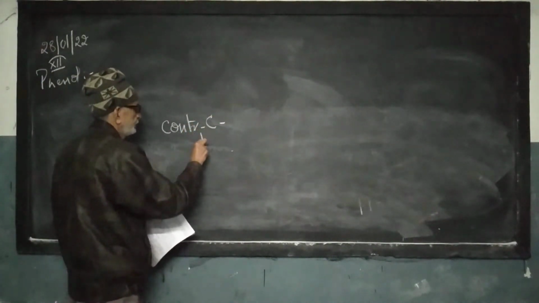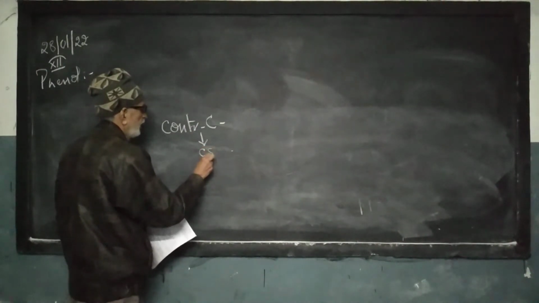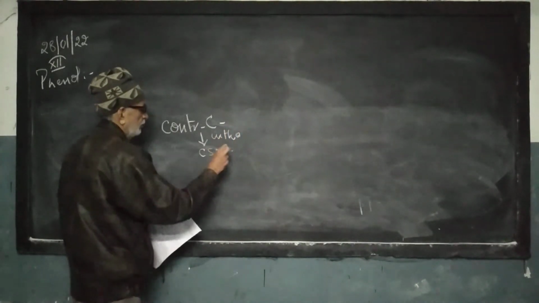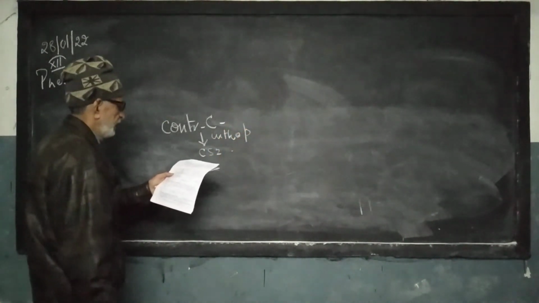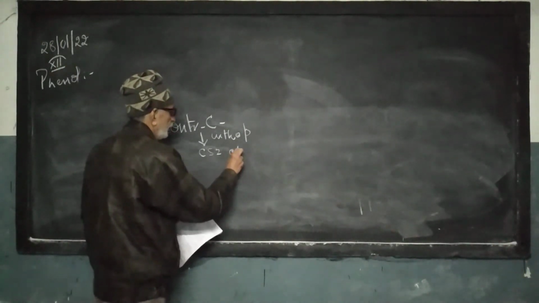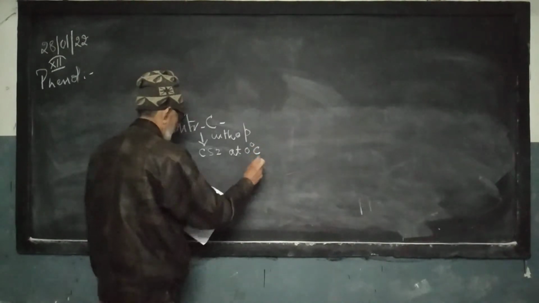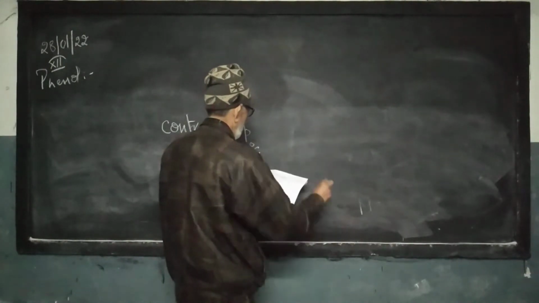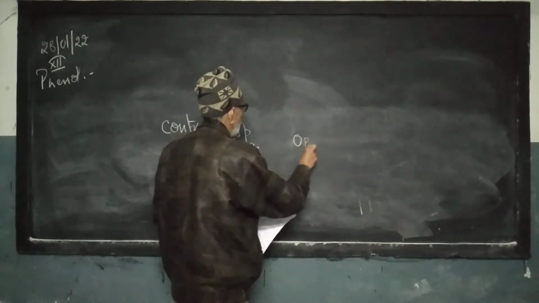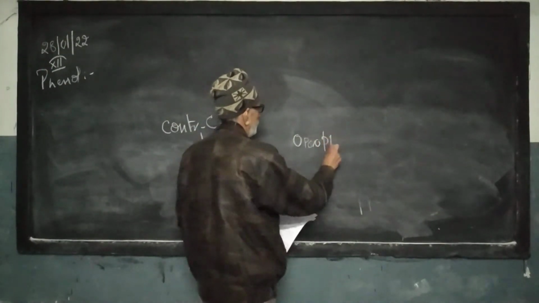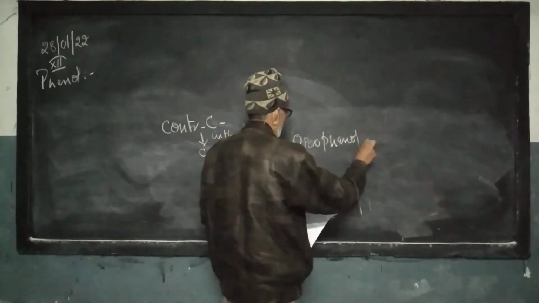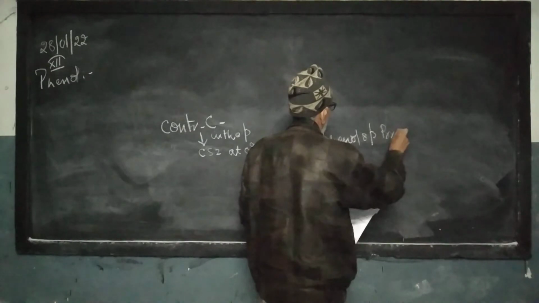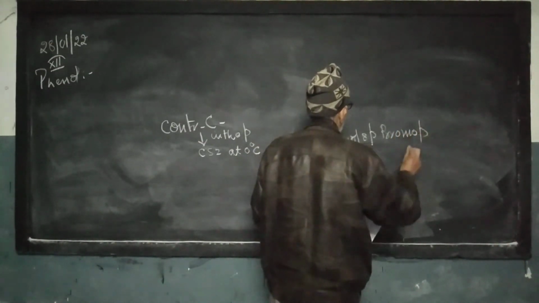In the presence of CS2, carbon disulfide, at 0 degrees centigrade, orthobromophenol and parabromophenol are obtained.